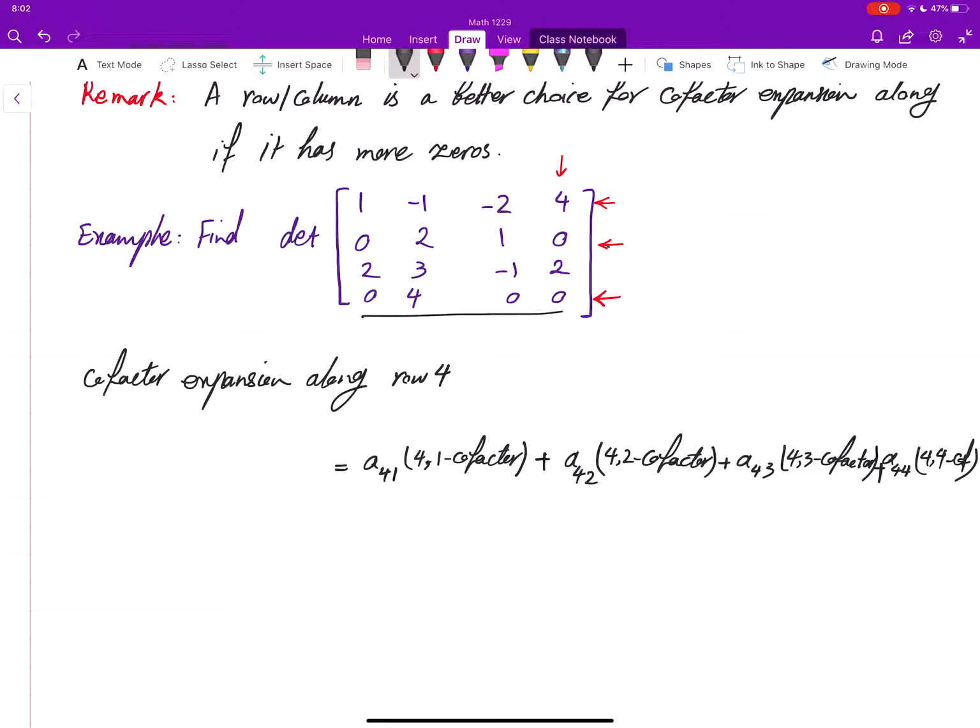Okay, here a41 is this guy, which is 0. So I don't even need to compute this one. Well, I do know what that cofactor is, but at the end it's going to be multiplied by 0. a42 is 4 times the 42 cofactor. So what is the 42 cofactor? First I have to tell you what the sign is. Start with plus here, minus, plus, minus.